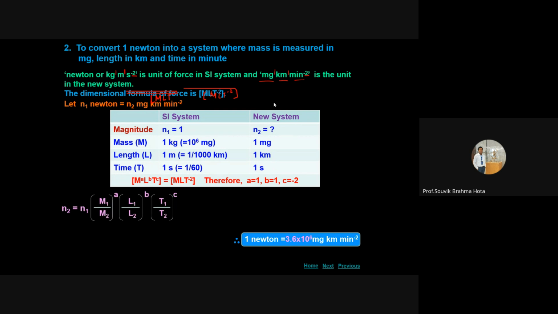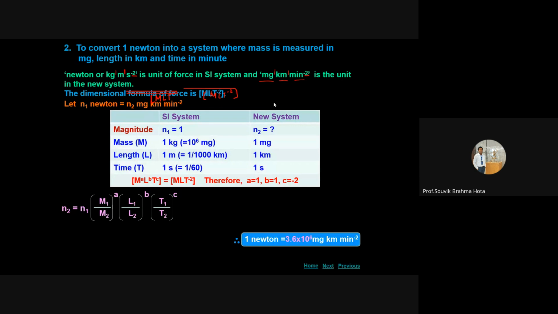Now what you should do, the same thing: n2 is equal to n1 into m1 by m2 raised to the power a, l1 by l2 raised to the power b, t1 by t2 raised to the power c. Then n2 you don't know, you need to find. n1 is 1, magnitude is 1, on 1 newton they have said.